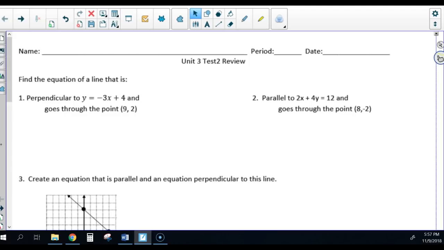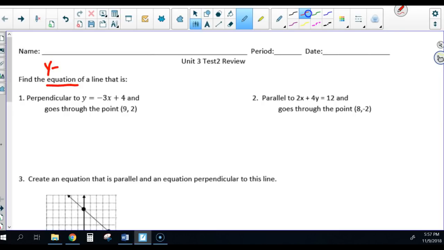Let's start with number 1, perpendicular to y equals negative 3x plus 4. We're trying to find the equation of a line, equation meaning slope-intercept form, that is perpendicular to this line, but our line has to go through (9, 2).